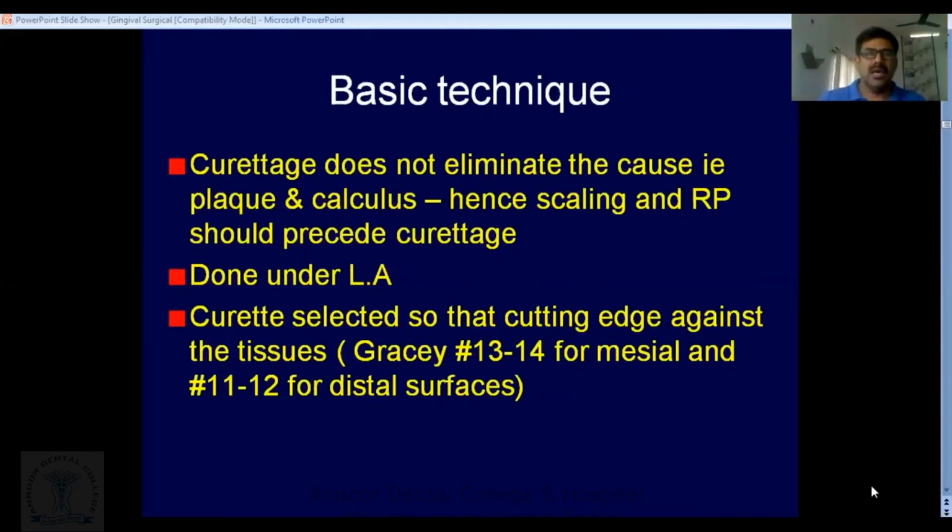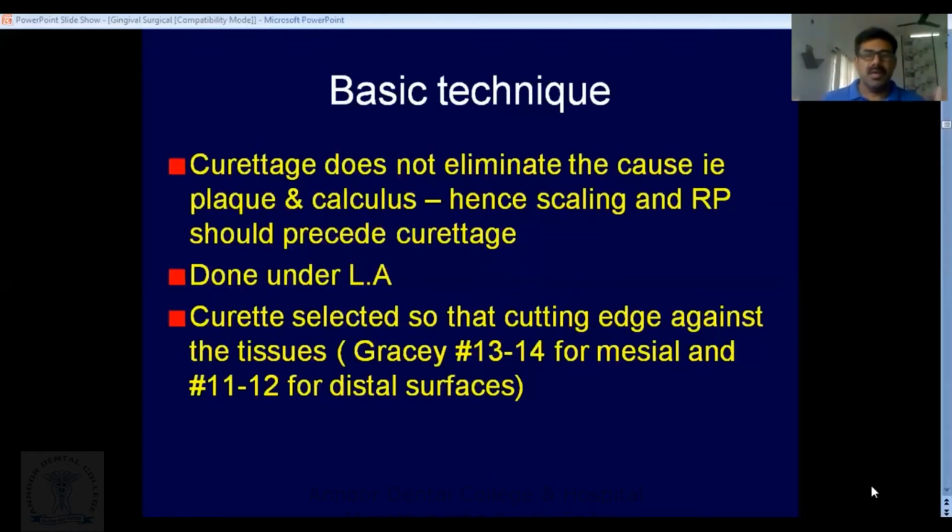Now, when you look at Gracey curettes, you have Gracey curettes from 1 to 14. You have 7 sets of curettes. And these curettes are designed in such a way that the curette is going to be adapted to the tooth surface. But the basic procedure here is, you don't want the curette to adapt to the tooth surface, but you want it to adapt to the tissue surface. So if you are using a curette to root plane the mesial aspect of a tooth, for curettage, use the same curette on the distal gingiva.